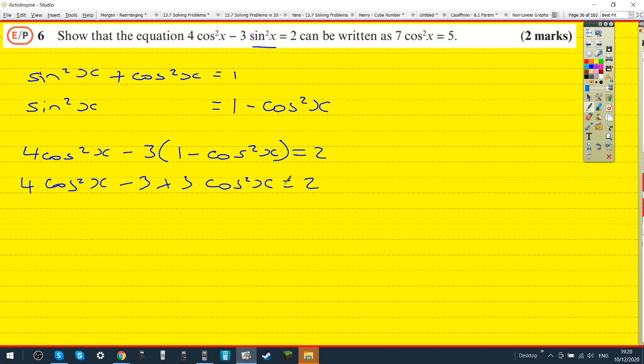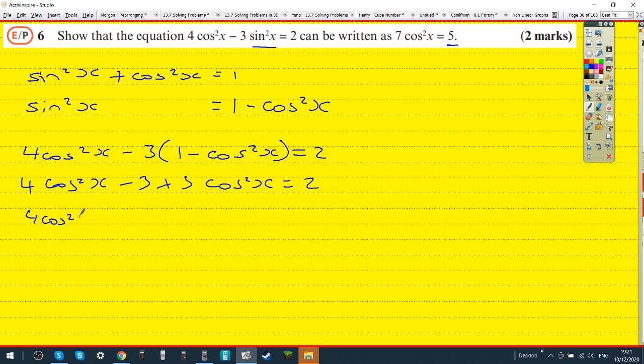Could we get rid of the 2 on the other side? Well, in the answer the numbers are on the right, so move the numbers to the right. Could you plus 3 on both sides? Yep. Which gives you 4 cos squared x plus 3 cos squared x equals 5.